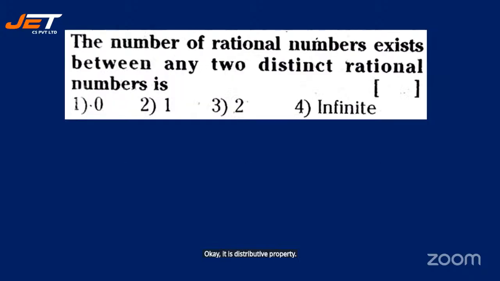Right. The number of rational numbers that exist between any two distinct rational numbers is dash. 0, 1, 2, or infinite.